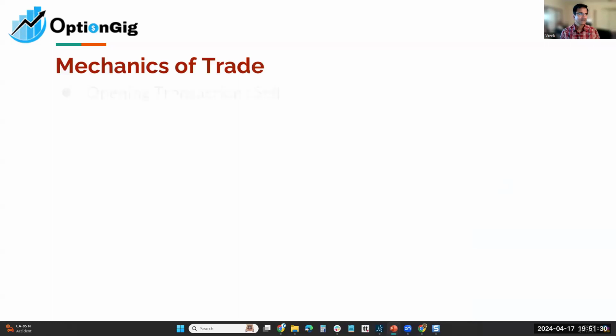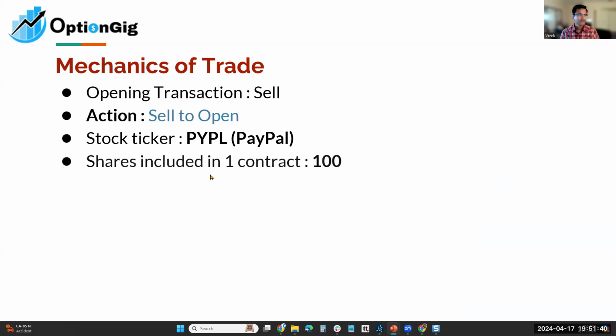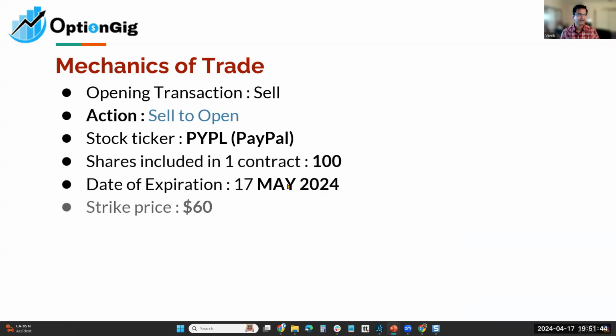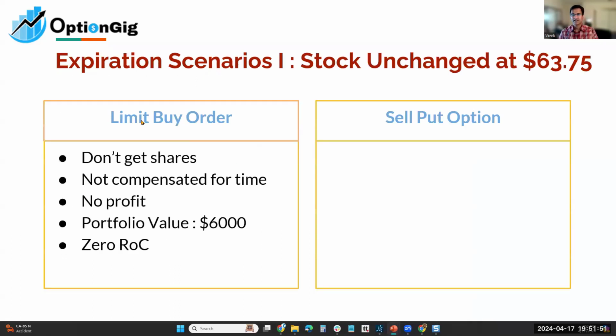Okay. So let's look at the mechanics. You sell an option, and depending on the trading platform, you may have something called sell to open. You pick your ticker, 100 shares are included in a contract, pick your date of expiration, strike price is 60, premium is $2. So let's look at the first scenario. It's 17th May 2024, end of the day, end of the stock trading day.